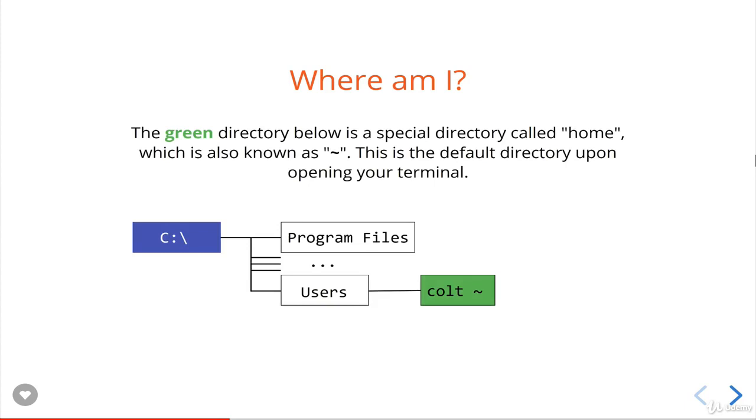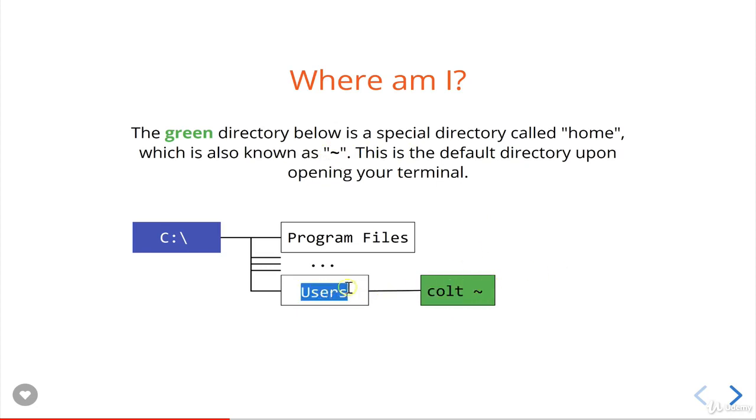Next, there's another special name for a folder. We saw the root directory, the topmost level directory. There's also one called the home directory, which has a special symbol used to reference it, the tilde, which is usually above the tab key, at least on Mac keyboards. It's that little squiggly line. And that's a symbol that's used to reference the home directory. On PCs, the home directory is your user directory.